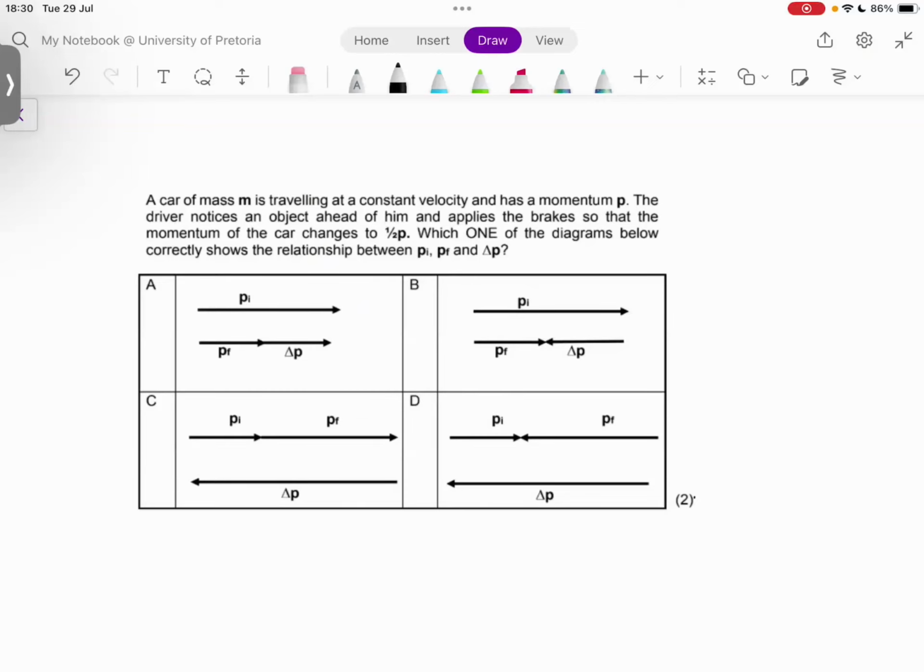A car of mass A is traveling at a constant velocity and has a momentum of P. The driver notices an object ahead of him and applies the brakes so that the momentum of the car changes to half of P. Which one of the following diagrams below correctly shows the relationship between Pi, the initial momentum, Pf, the final momentum, and delta P, which is the change in momentum? I'll give you guys a quick moment to post your answers in chat, and we'll take it from there.